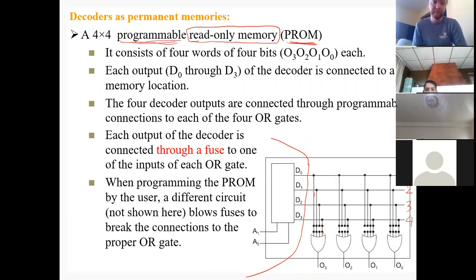And these are all connected to these outputs, okay? This is connected to D3, this is connected to D2, this is connected to D1, this is connected to D0, okay? In the same way, you see all the connections here?